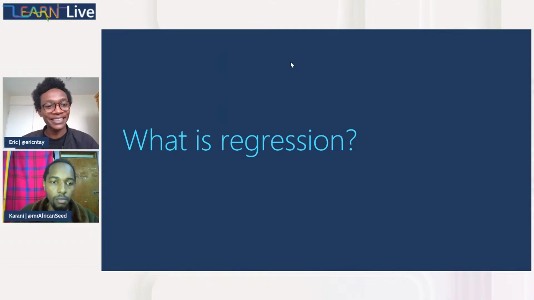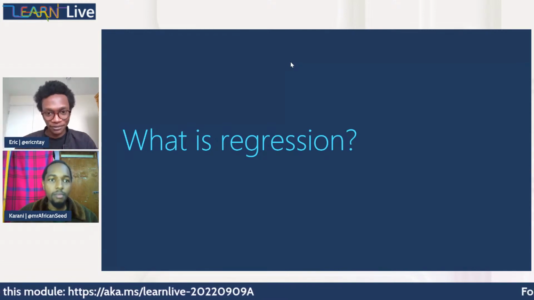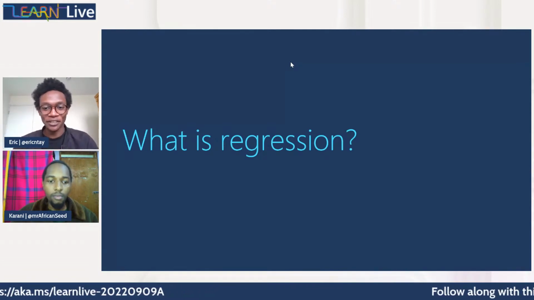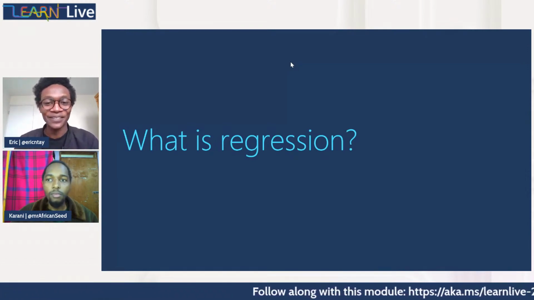So let's get started. Karani, we'll be talking about regression, and would you mind taking us through this first step of understanding what regression is and when to use regression before getting our hands started with the code? Over to you, Karani.